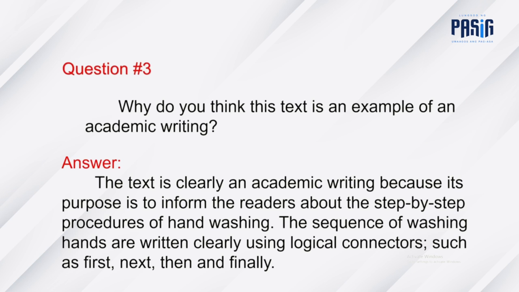The sequence of hand washing are written clearly using logical connectors such as first, next, then, and finally. To test your knowledge with the things you have learned from this discussion, get ready to answer the following activities. You may pause this video if you want to spend more time answering.